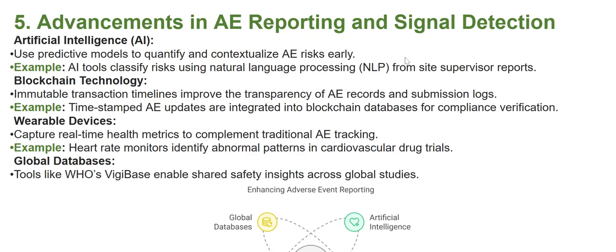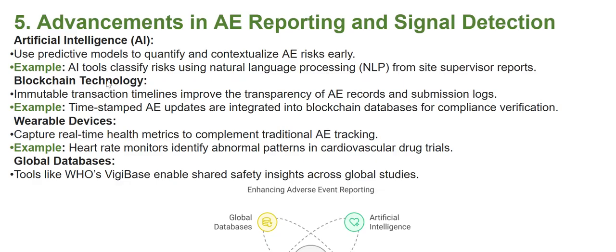Advancements in AE reporting and signal detection. Artificial intelligence uses predictive models to quantify and contextualize adverse event risks early. Example: AI tools classify risks using natural language processing, NLP, from site supervisor reports.